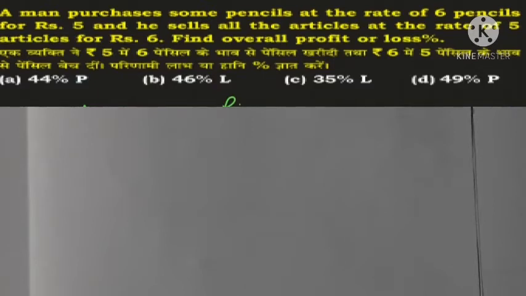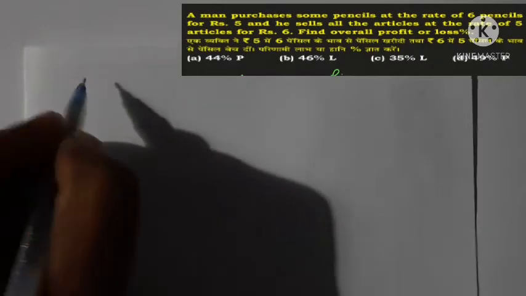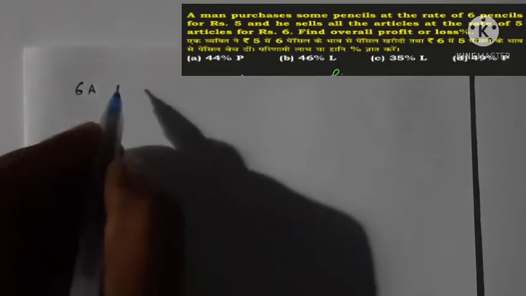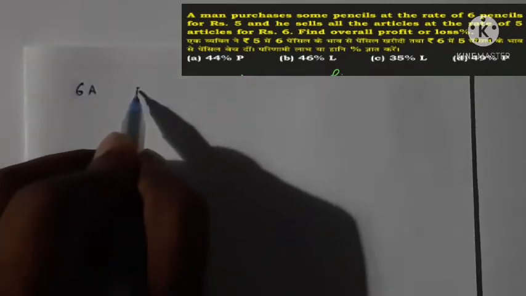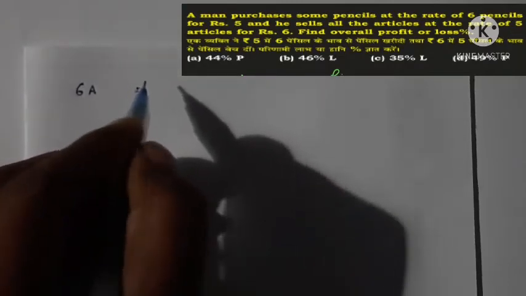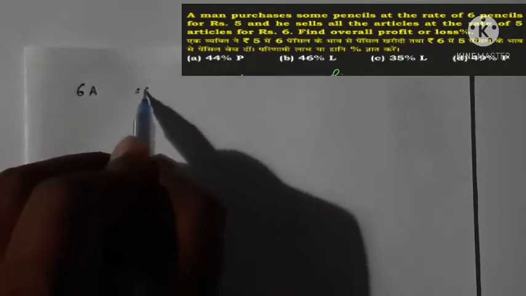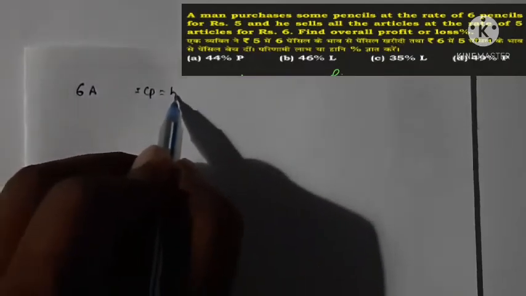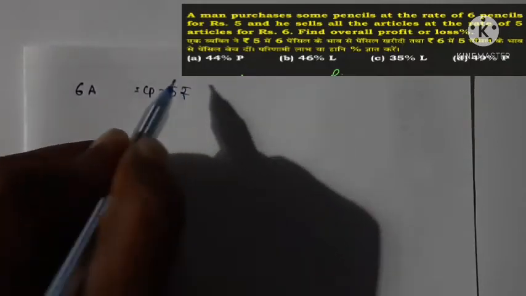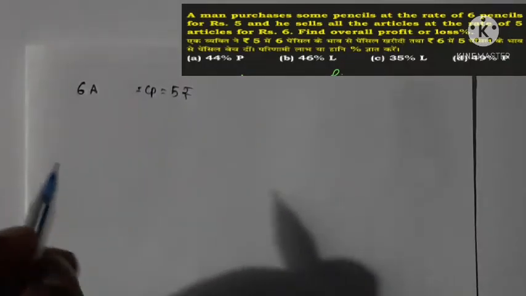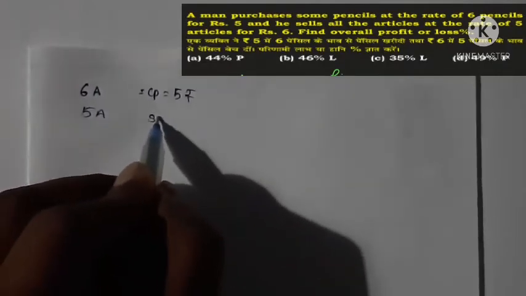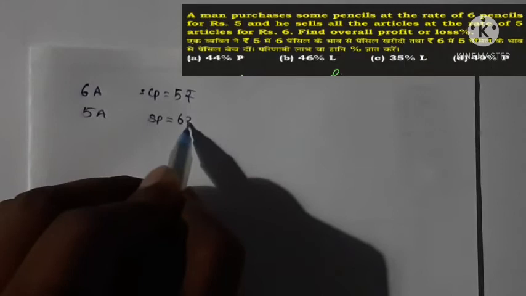Find the overall profit or loss percentage. 6 articles cost price is equal to 5 rupees. So 5 articles selling price is equal to 6 rupees.